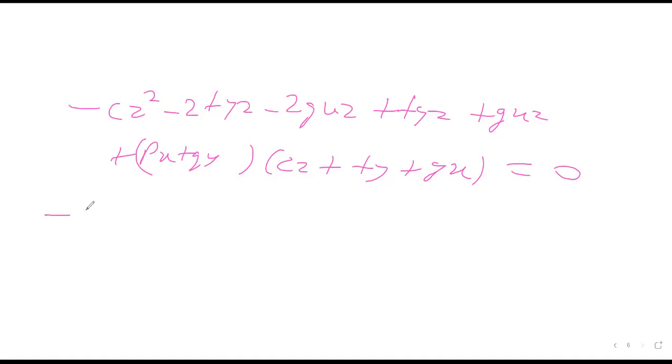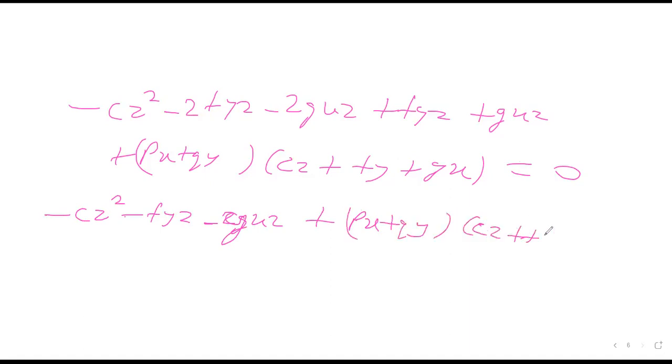So simplified further, you will get minus cz square minus fyz minus gxz plus (px plus qy) times (cz plus fy plus gx) equals 0.